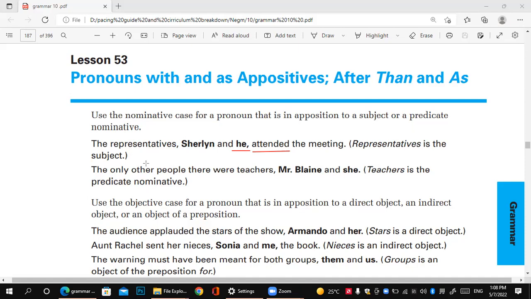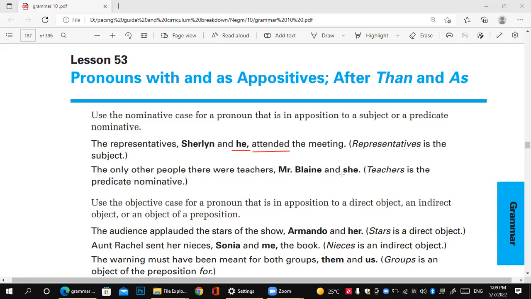Okay. Next example. "The only other people there were teachers." Now, the teachers are the people over there. So here the same, teachers, Mr. Blaine and she.